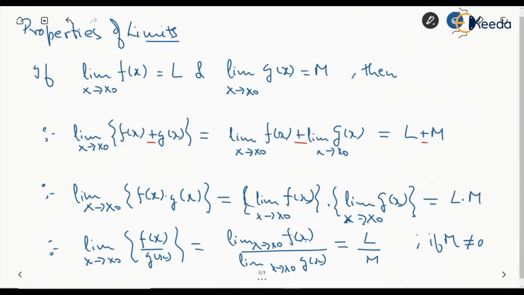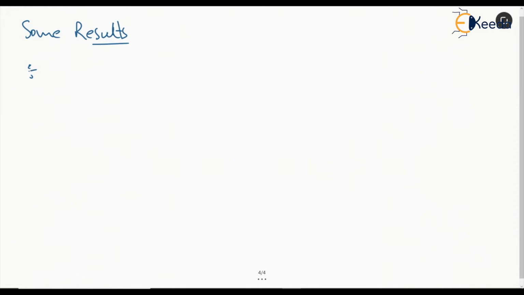So there are some special limits also, or special results, that we can see. We are not getting into the derivation of how we are getting these results. Like, let's say limit theta tends to 0 for sine theta by theta is equal to 1.